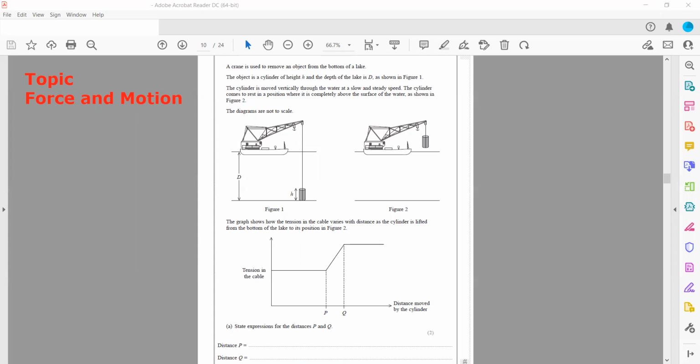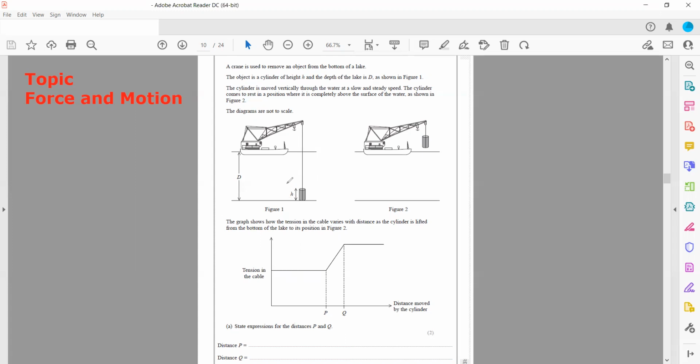So distance P is basically, if we say this is P, what is basically P? The tension in the cable, as I mentioned, we keep it constant.